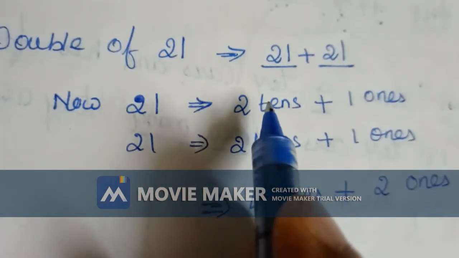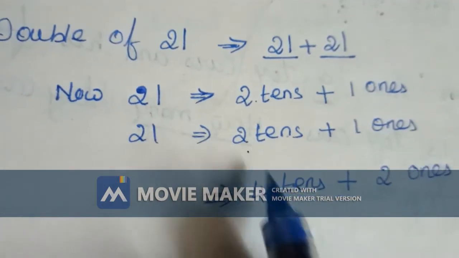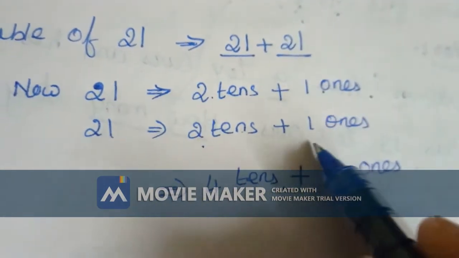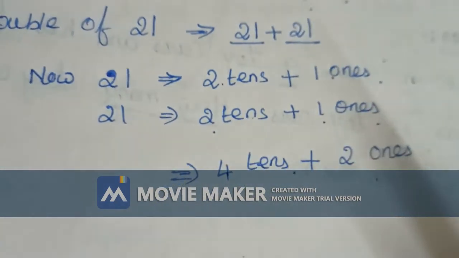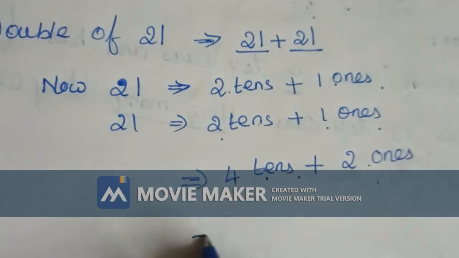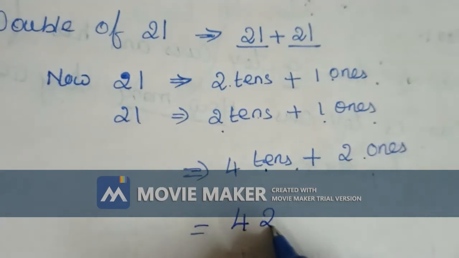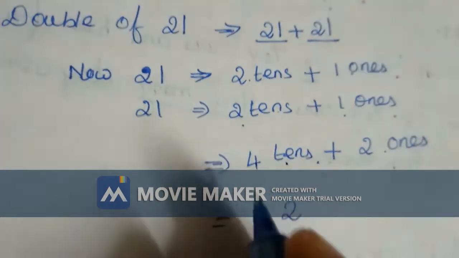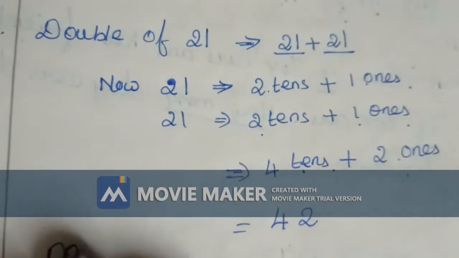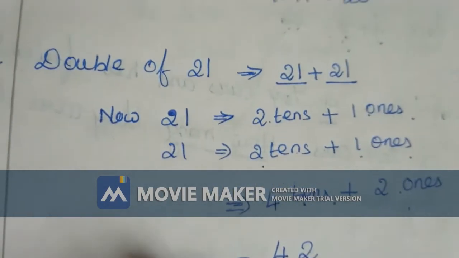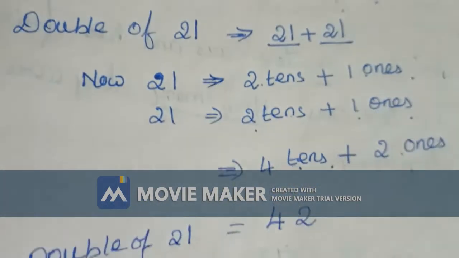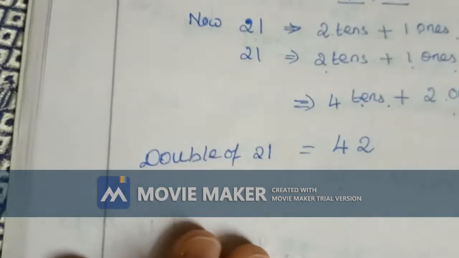So if you are adding 2 tens and 2 tens, we get 4 tens, and if you are adding 1 ones and 1 ones, we get 2 ones. So 4 tens and 2 ones, that means 42. So the double of 21 is 42, okay children? Let's look at one more example.